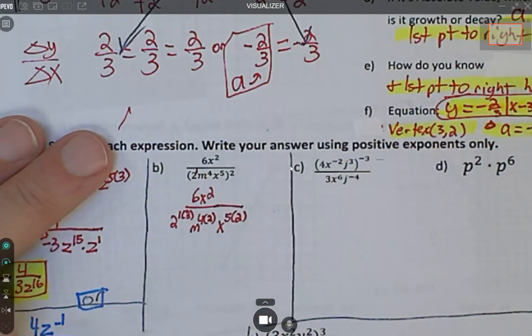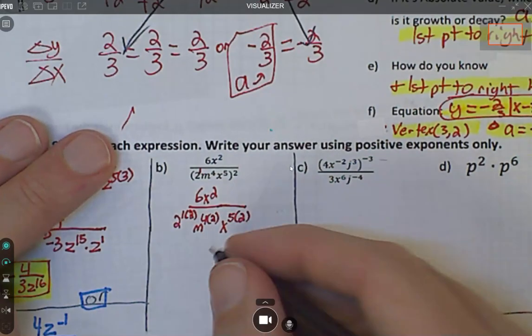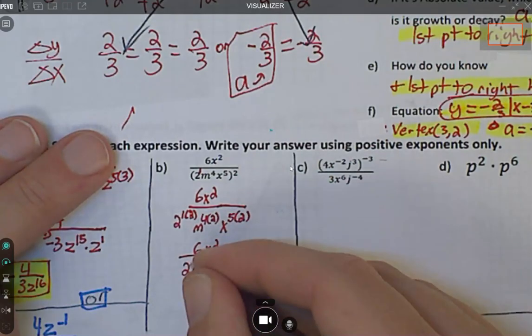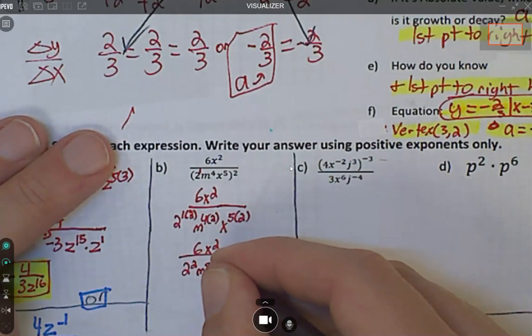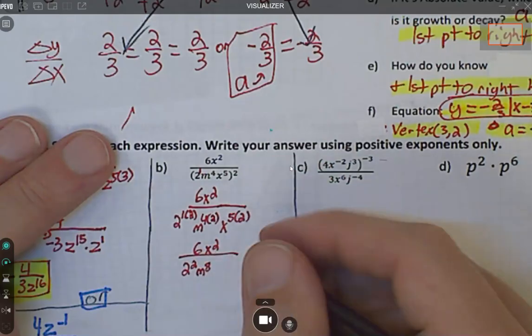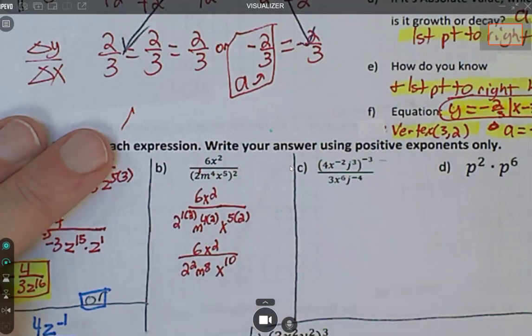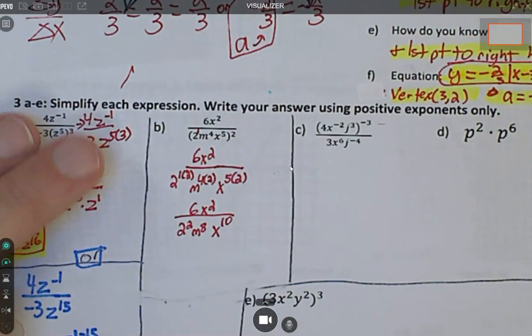Power to the power, you multiply, so now I got 6x squared over 2 squared, m to the 8th, x to the 10th. And again, I'm showing you the easy way.